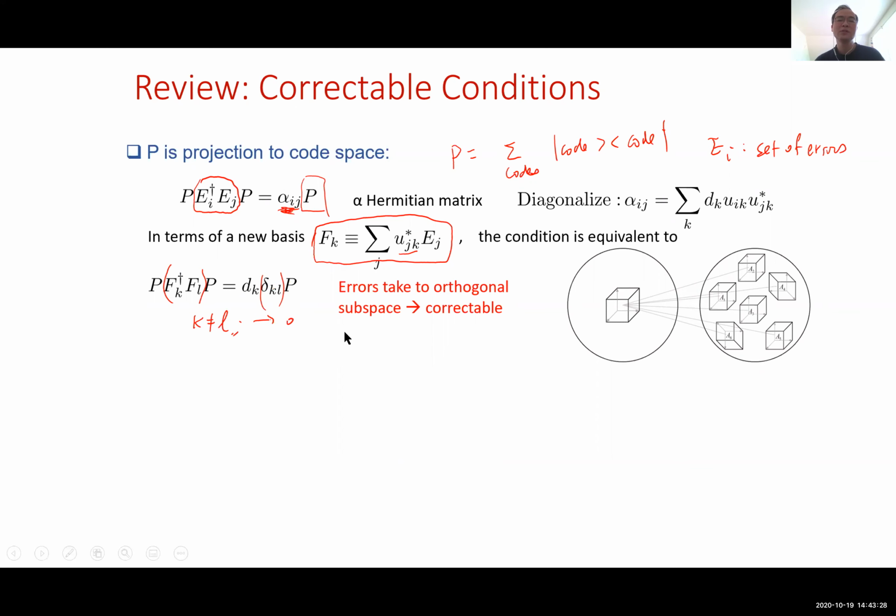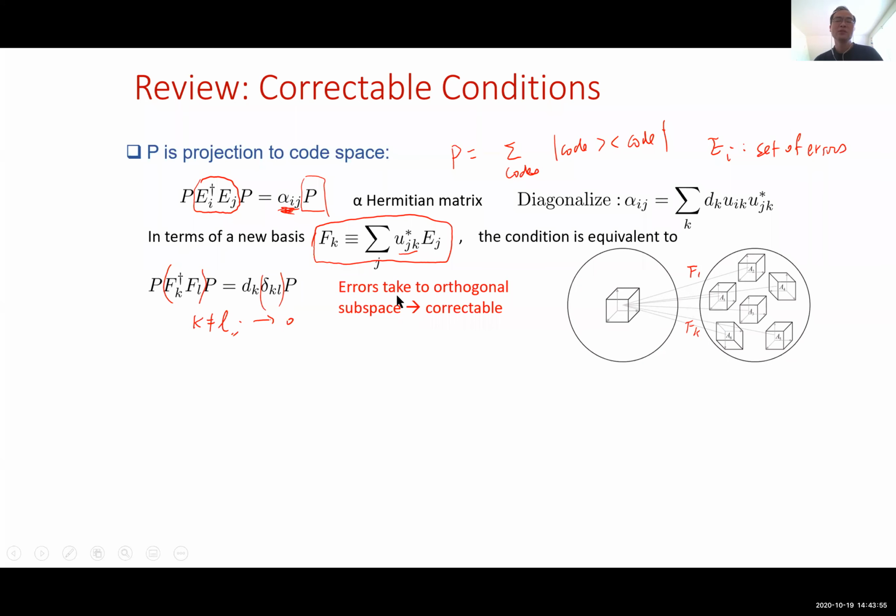So the picture of the process is that if you have an error, first you define the code space. If you have an error, let's say f1, this may take it to some code space here, and if you have other f_k, then you take it to some other space.